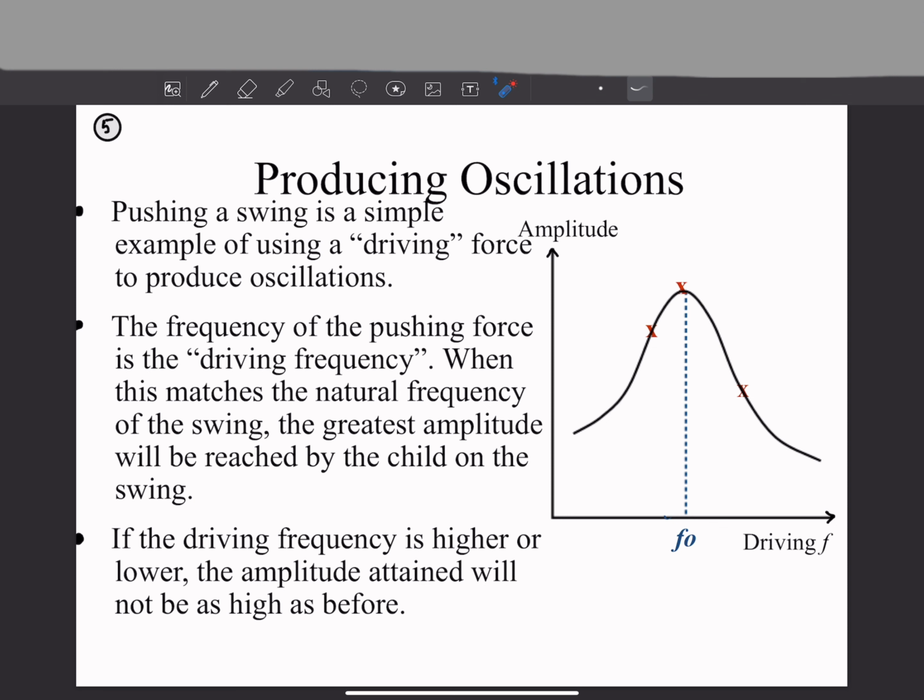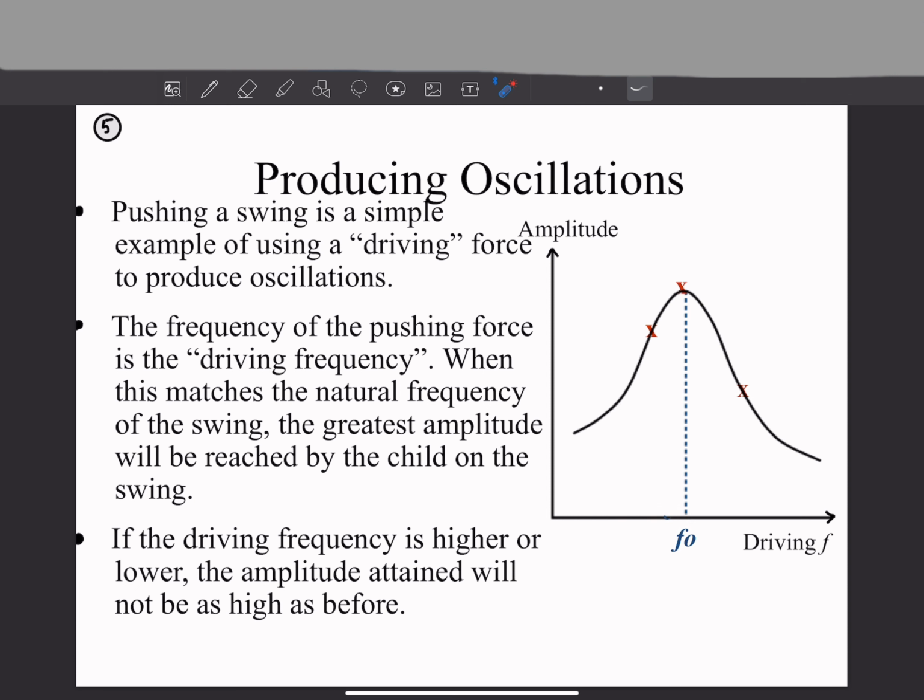If the driving frequency is higher or lower, the amplitude attained will not be as high as before. If the driving frequency is less than the natural frequency or greater than the natural frequency, then the amplitude will not be the maximum. Of course, here you have the maximum. A frequency greater than f naught will do the same thing as the lesser frequency was doing.